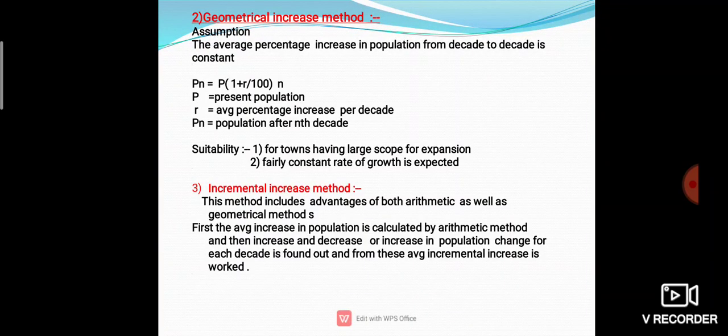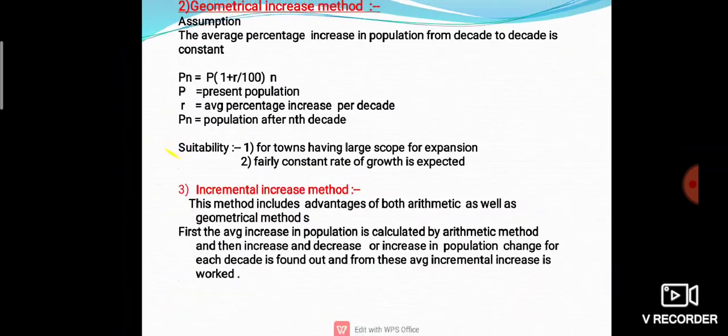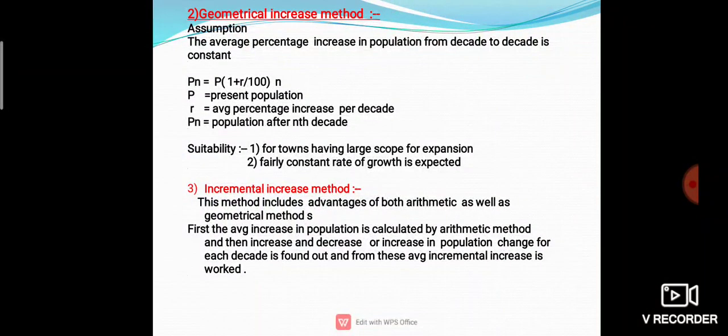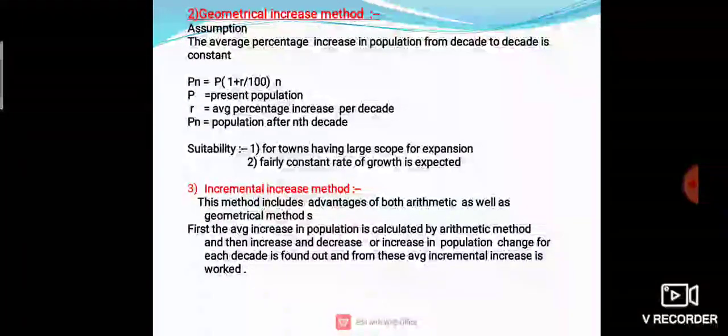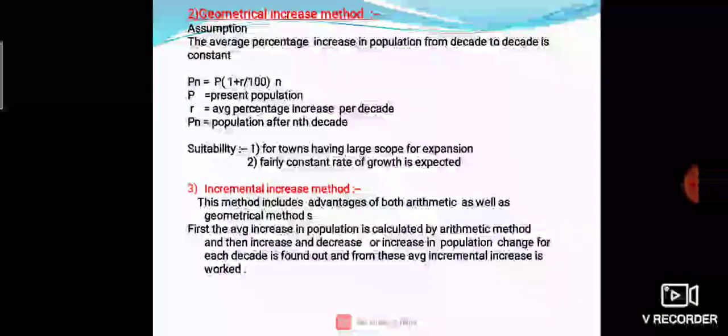In this formula, P means present population, Pn means population after nth decade, meaning future population after nth decade, R means average percentage increase in population per decade, and n is the number of decades.